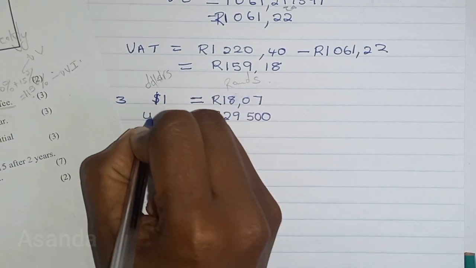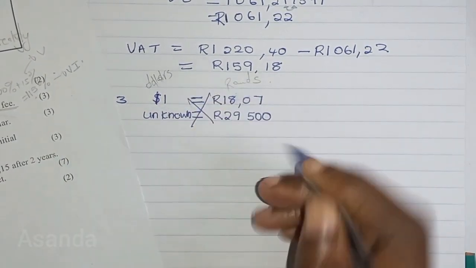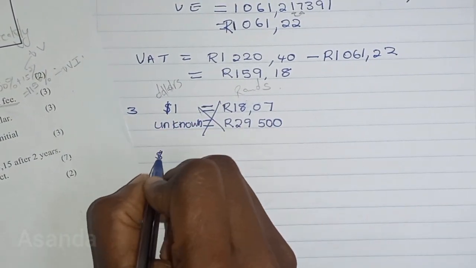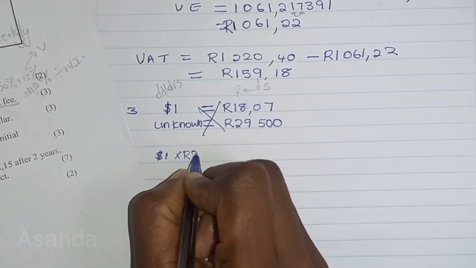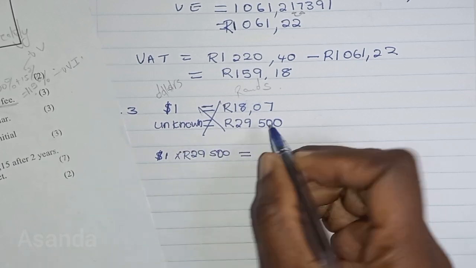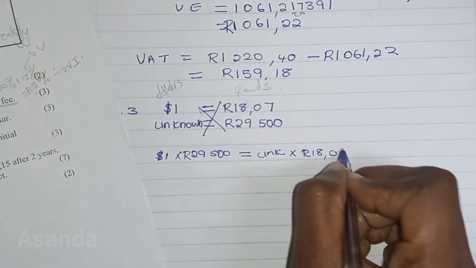And I don't know these rands in dollars, so I'm going to call it unknown. Then I'm going to cross multiply: $1 times 29,500 rands is equal to unknown times 18 rands and 7 cents.